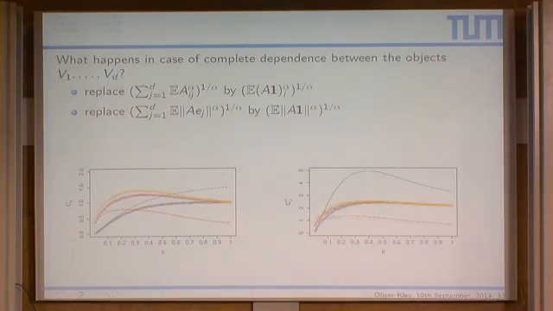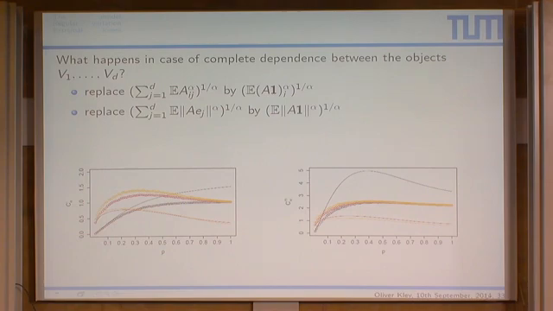Okay, so now let's think a little bit differently and ask what happens if you don't impose independence on the objects V1 to Vd, but what is different if you would assume full dependence of the objects?